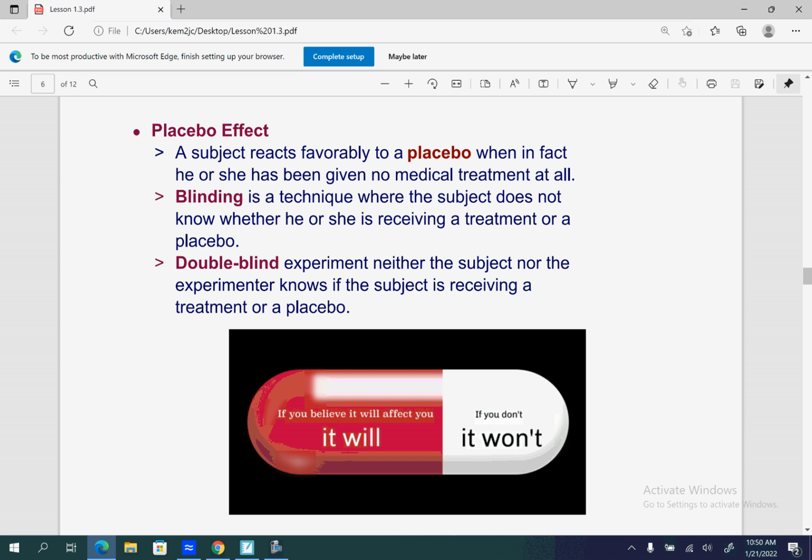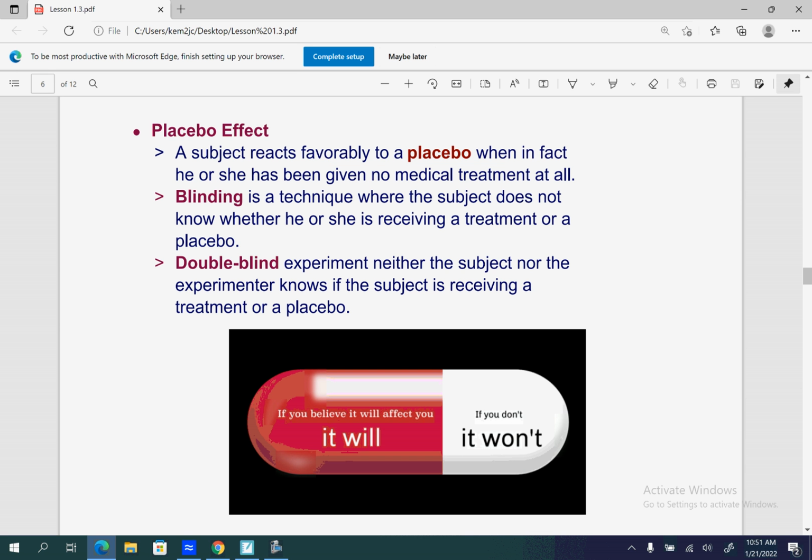What we want is we want to minimize a placebo effect if we can, and how we do that is with blinding or double blinding. Blinding is when the subject does not know if they are receiving the placebo or the actual treatment. Double blind is when both the experimenter and the subject do not know if they're receiving the placebo or the treatment.